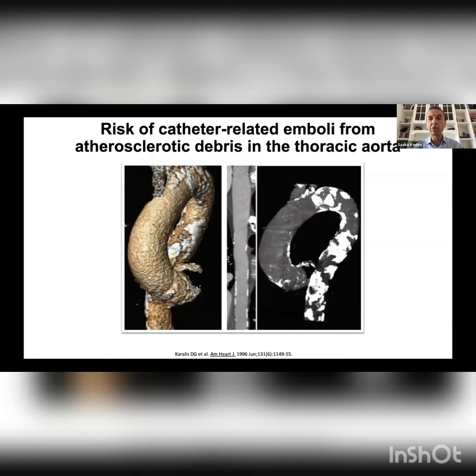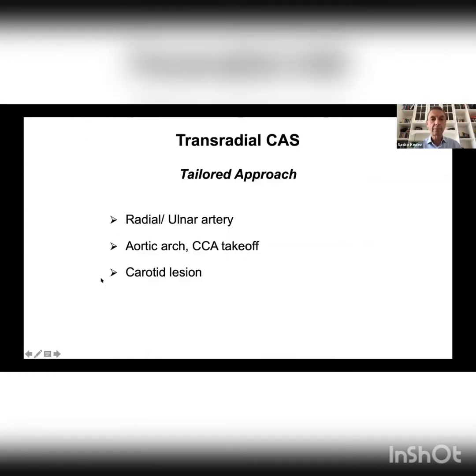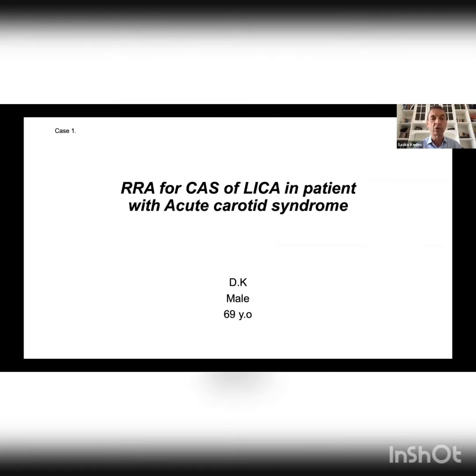In contrast, when we approach from radial access, we avoid this vulnerable part of the aorta. So whenever we consider radial for carotid stenting, we have to know the size of our access artery. We have to be aware of the aortic arch and the common carotid artery takeoff, and of course the type of carotid lesion.